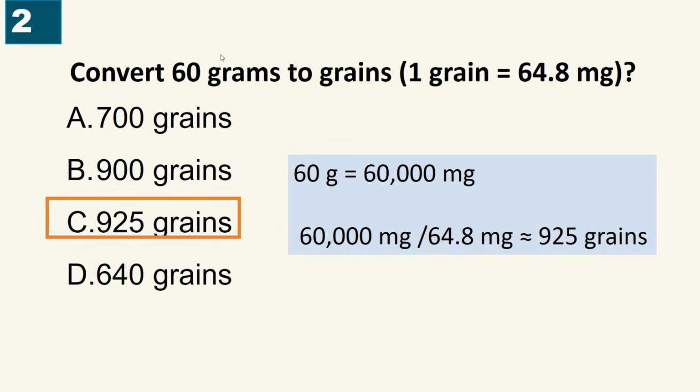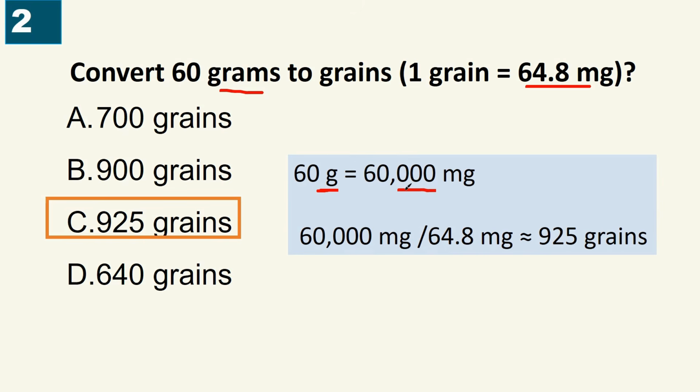Here the question is for 60 grams, but the conversion is in milligram. So the first step is to convert grams to milligram. To convert grams to milligram, you always have to multiply by 1000. Instead of multiplying by 1000, an easy way is to just add 3 zeros.